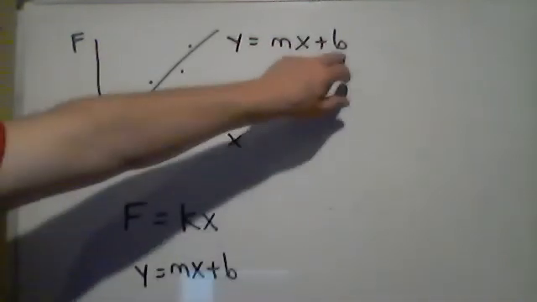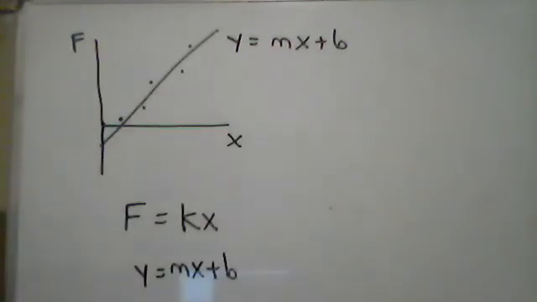When you see this B in the equation, what you know is that B is going to be the offset.